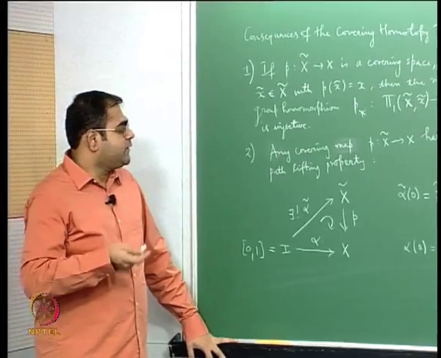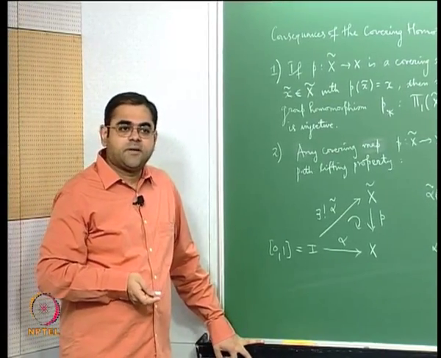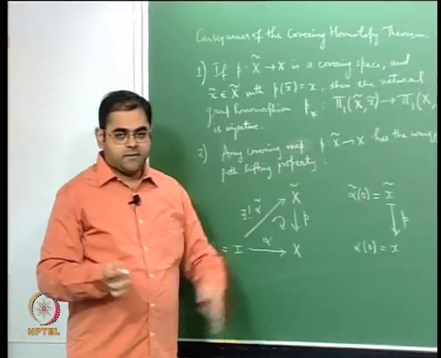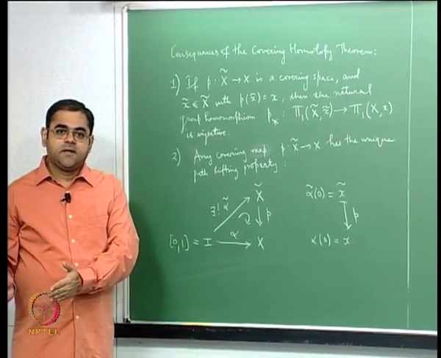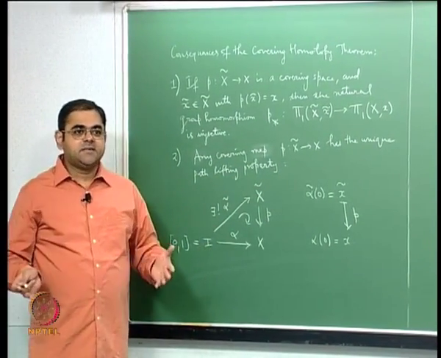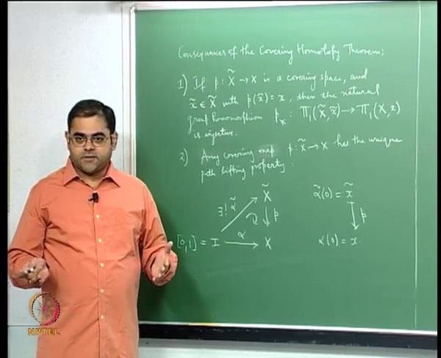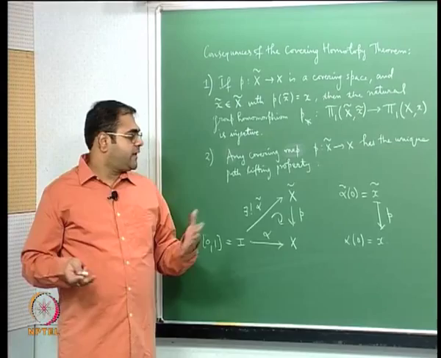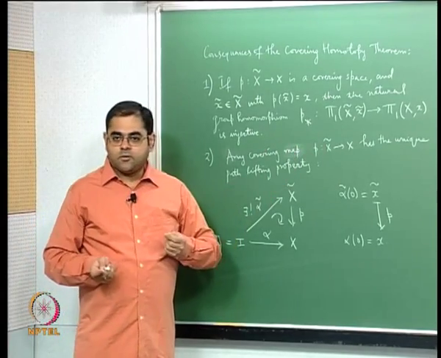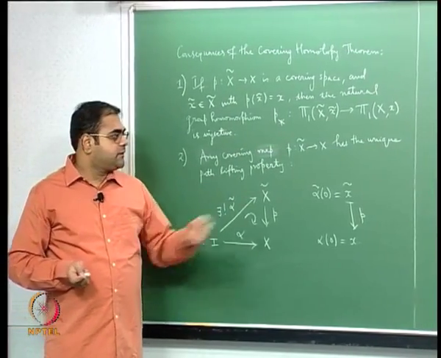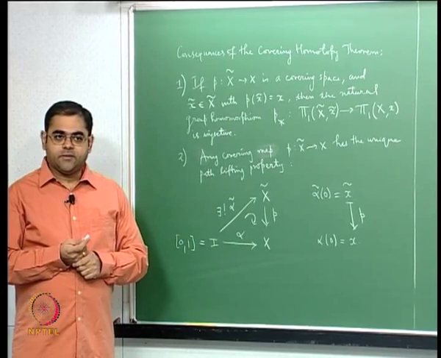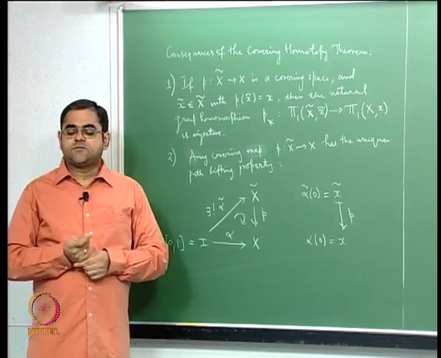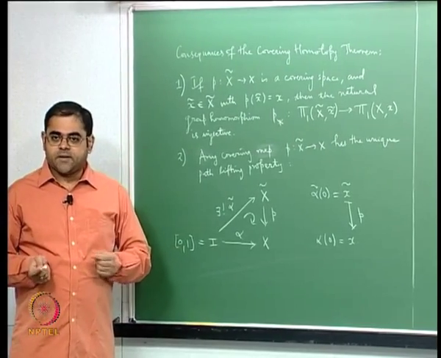So you get the unique path lifting property, and this is very important because, as I told you, the difference between a surjective local homeomorphism and a covering map is precisely this unique path lifting property. If you take a surjective local homeomorphism and you are sure that it has the unique path lifting property, then you can deduce that it is actually a covering map.